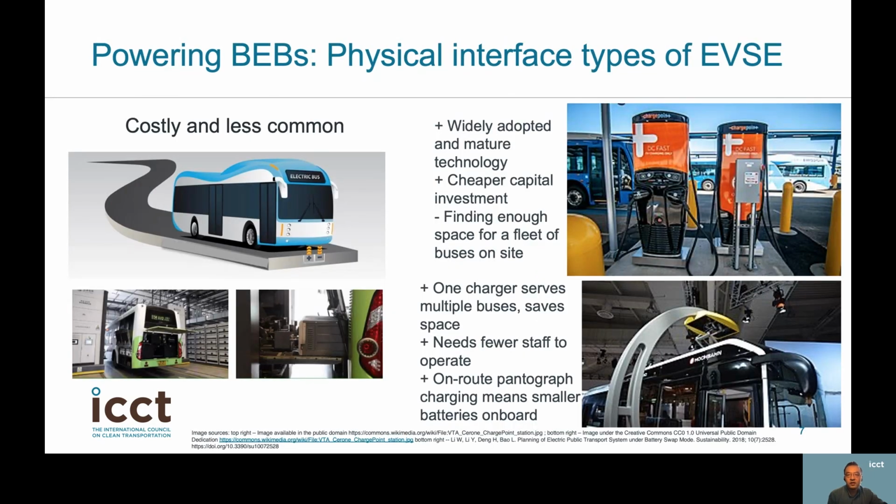Another way to look at the charging infrastructure is through the physical interface of charging, which is how the BEBs are recharged. In most cases, charging is done via electrical conduction, and the physical interface is either a plug or a pantograph. Plug-in charging is exactly what the name suggests.